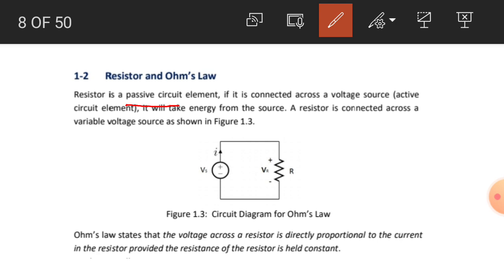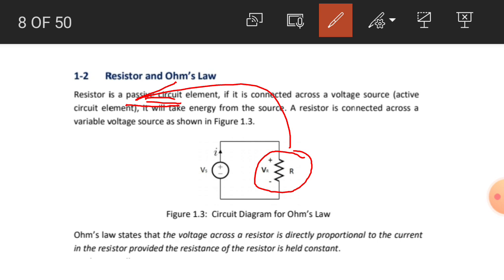Any circuit element which takes energy from the voltage source is known as passive circuit element. Resistor takes energy from the voltage source. We call it passive circuit element.